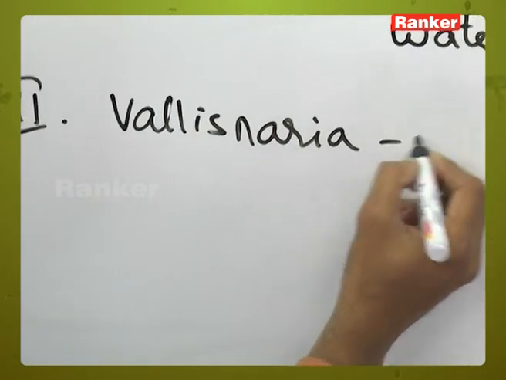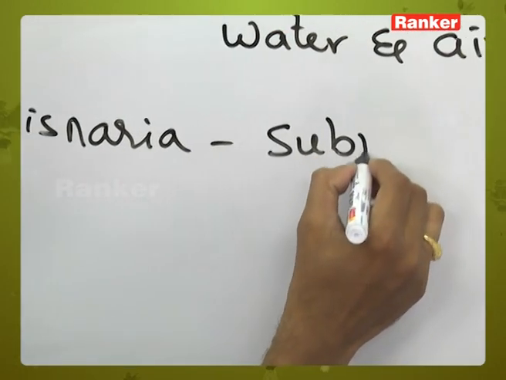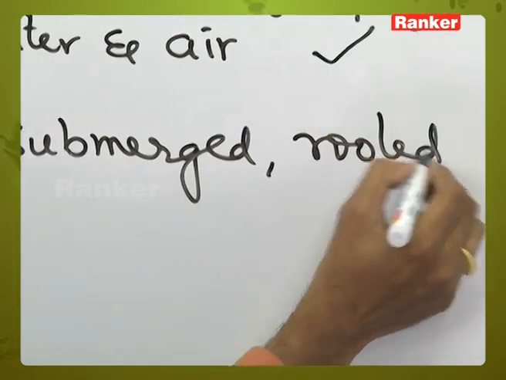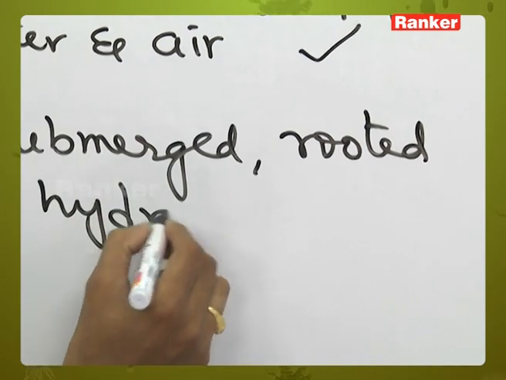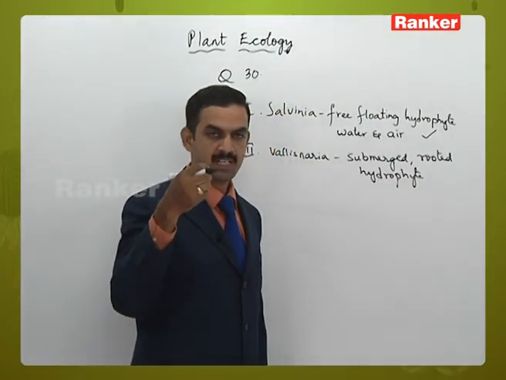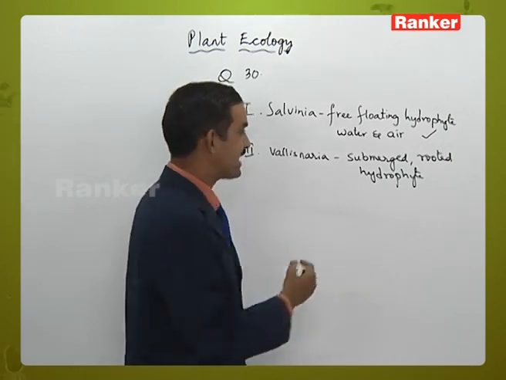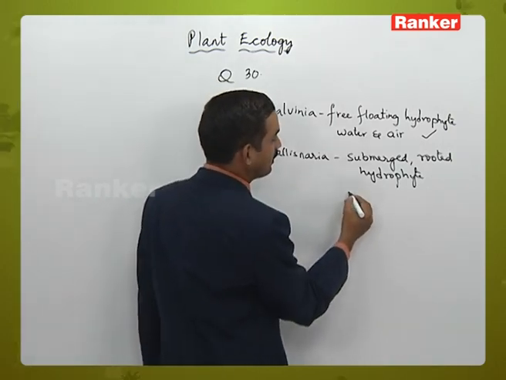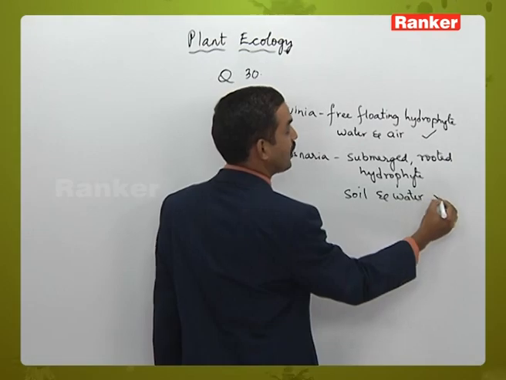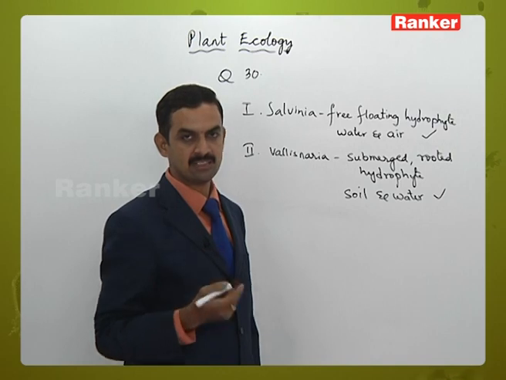Vallisneria is a submerged rooted hydrophyte. This plant is rooted inside the soil or mud below the water, so it has contact with soil and also water. So this is also correct.